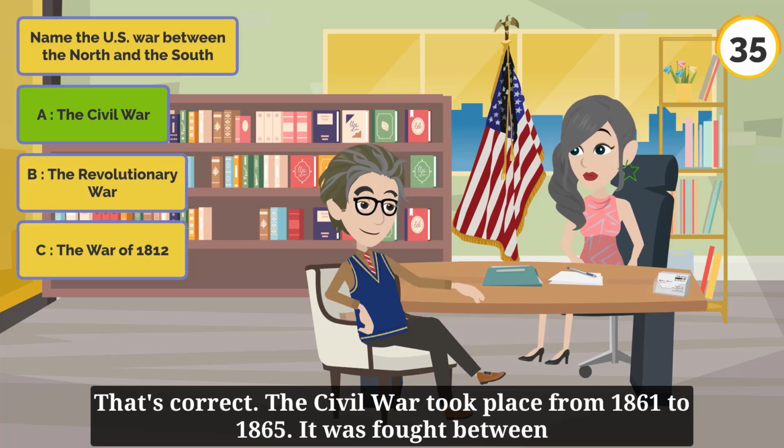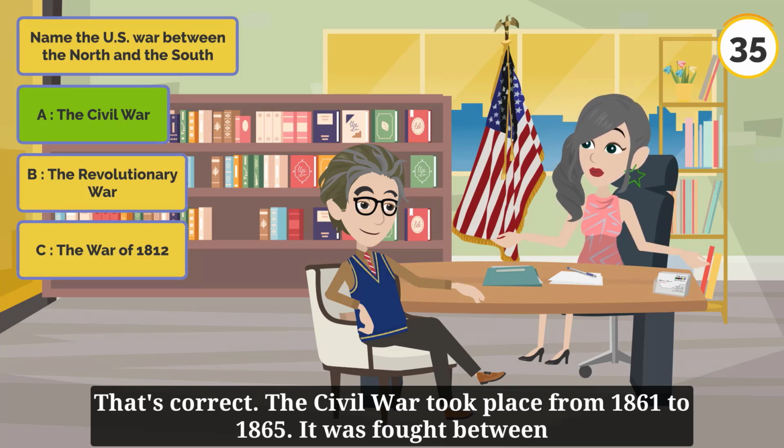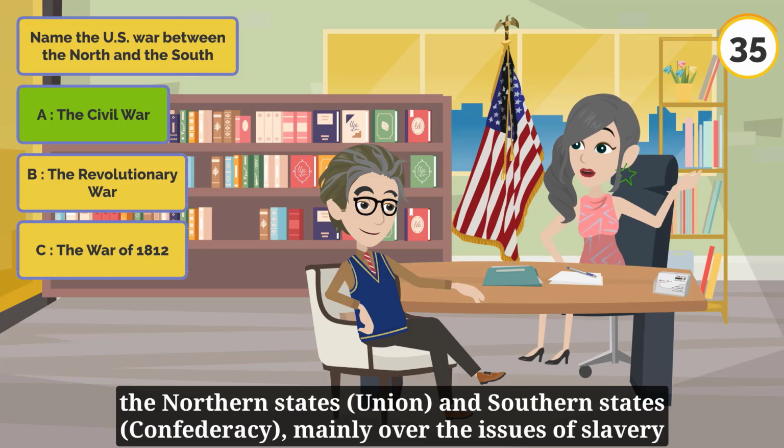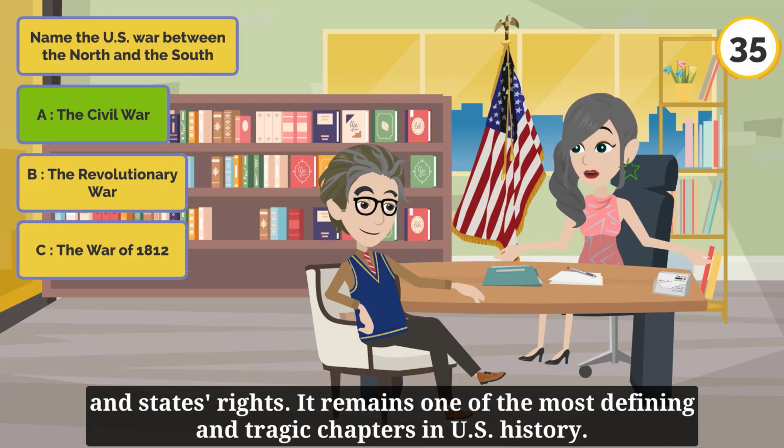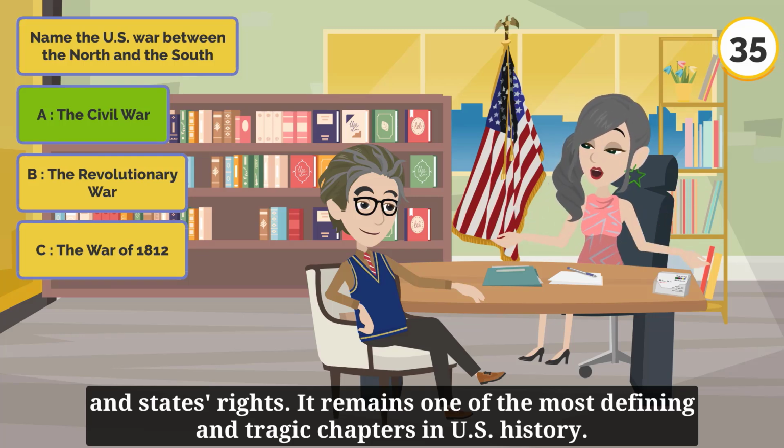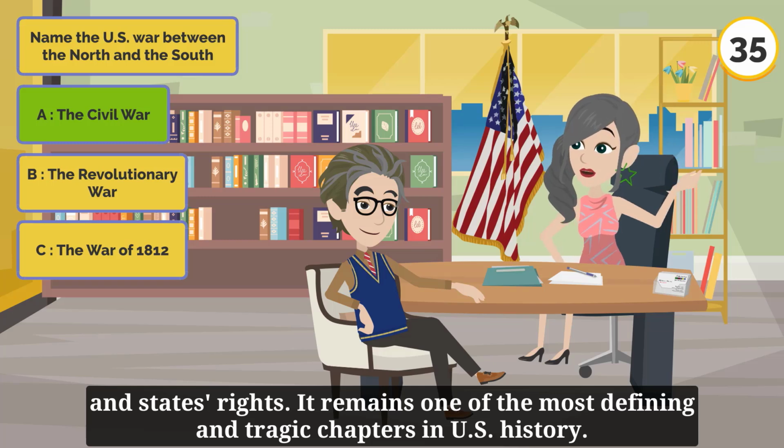The Civil War took place from 1861 to 1865. It was fought between the Northern States, Union, and Southern States, Confederacy, mainly over the issues of slavery and states' rights. It remains one of the most defining and tragic chapters in U.S. history.